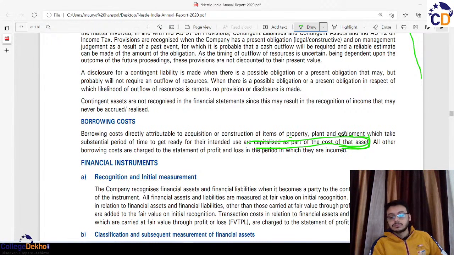Okay. All other borrowing costs अपना statement of P&L में जाएंगी.